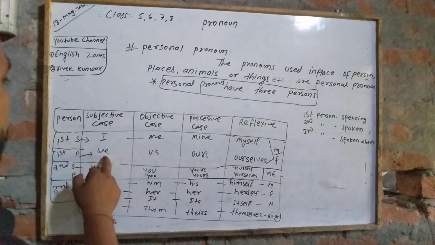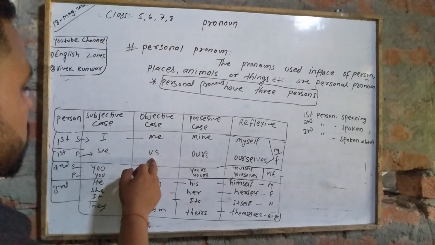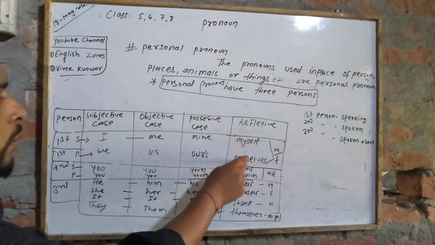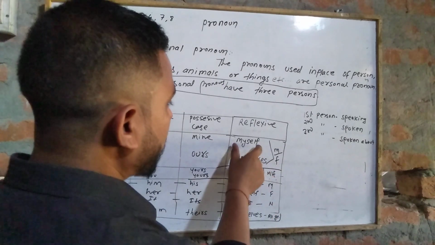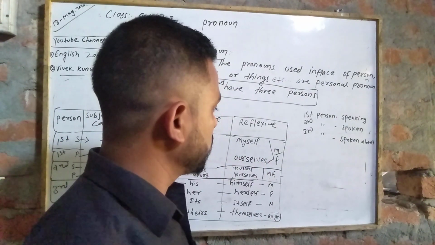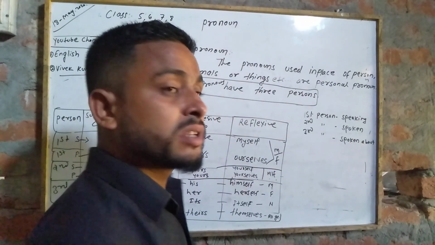Now another, we is the plural of subjective, us of objective, ours for possessive case, and ourselves. Myself and ourselves can be used with male and female.